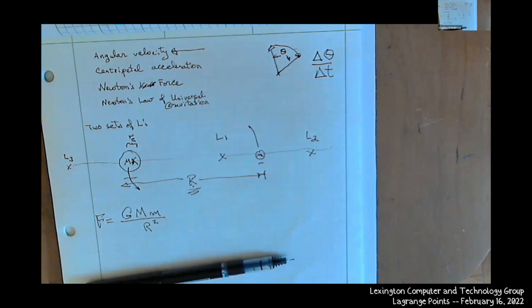In other words, it's going to take 1 year for L1, L2, the Earth, and L3 to go once around a circle. So that's the whole point, we're looking for these very special points where the forces don't cancel out, they add together to produce exactly the acceleration necessary to produce uniform circular motion that will take you around a circle in 1 year.